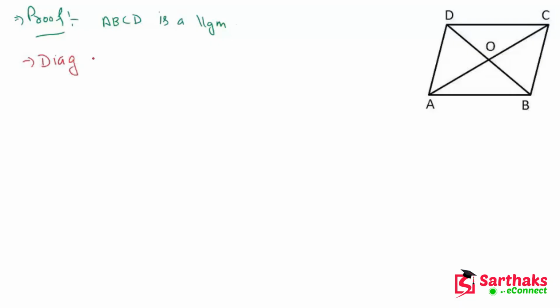Diagonals of a parallelogram bisect each other. You can see that this point O is the midpoint of BD, as well as of AC also.